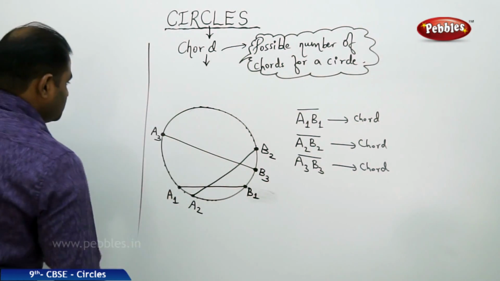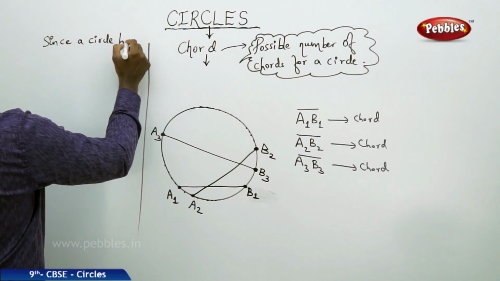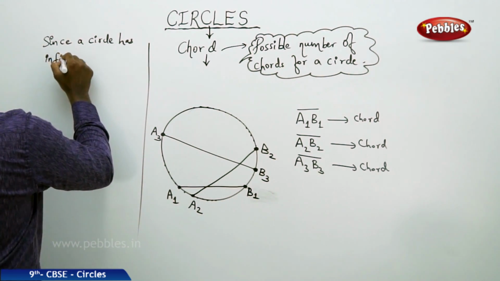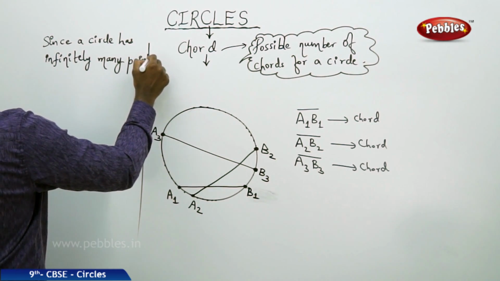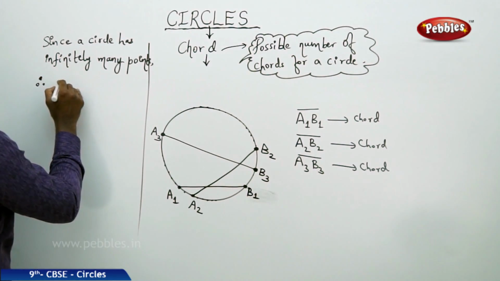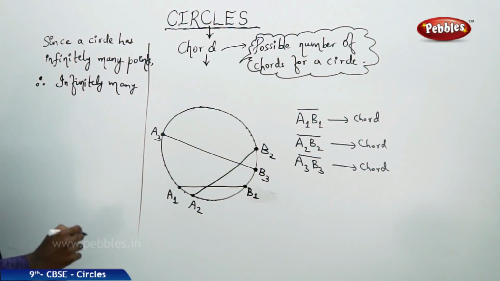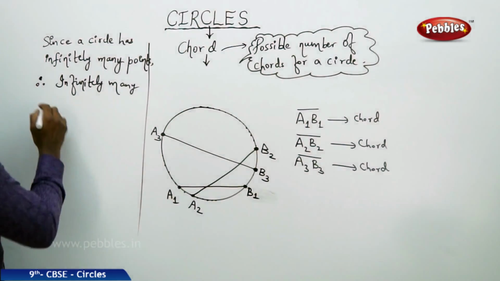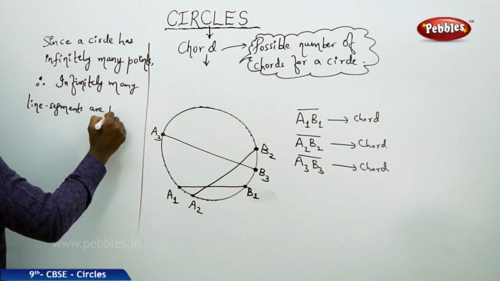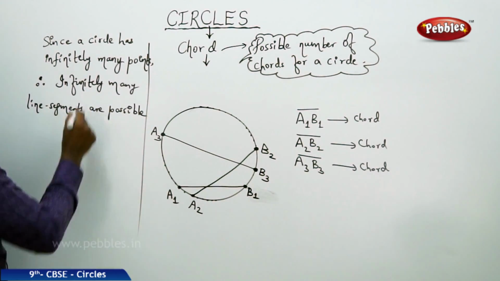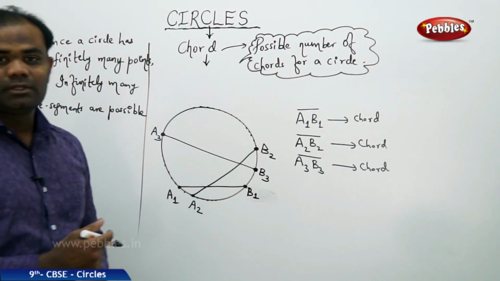So since a circle has infinitely many points, therefore infinitely many line segments are possible, joining the pair of points, each pair joined with each other.